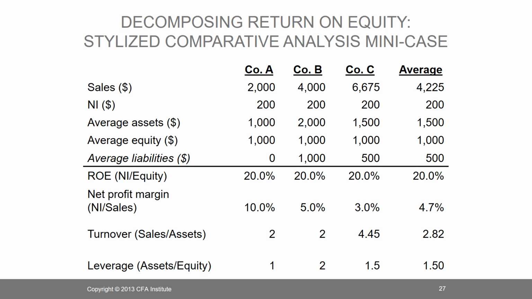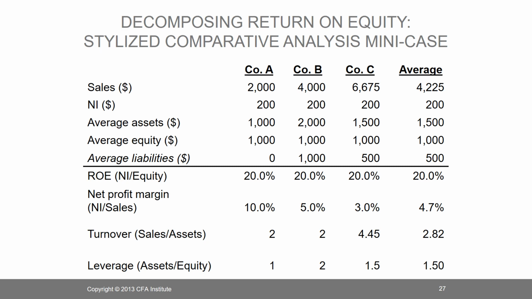Now, what we need to do is to decide to what extent the return on equity of a company was derived from selling a high margin product or keeping expenses low, deriving more profit from each $1 of sales, or was it derived from generating higher sales from a lower investment in assets? Or was it derived from investing a lower amount of equity by using more debt in its capital structure?